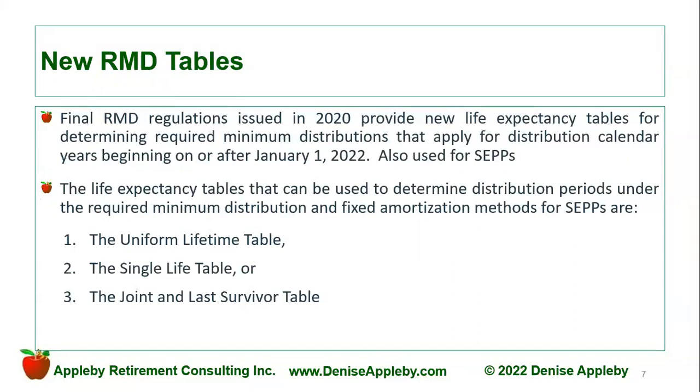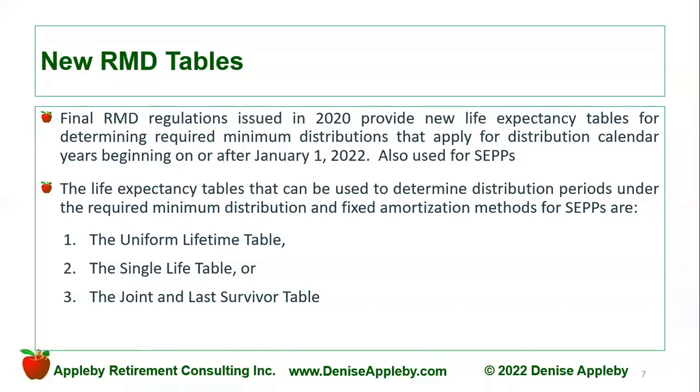Something that we must bear in mind is that the IRS published new RMD tables in 2020, and those become effective for 2022. For the most part, it means that the calculations that are done using these tables produce, in some cases, lower RMD amounts, in rare cases, higher RMD amounts.